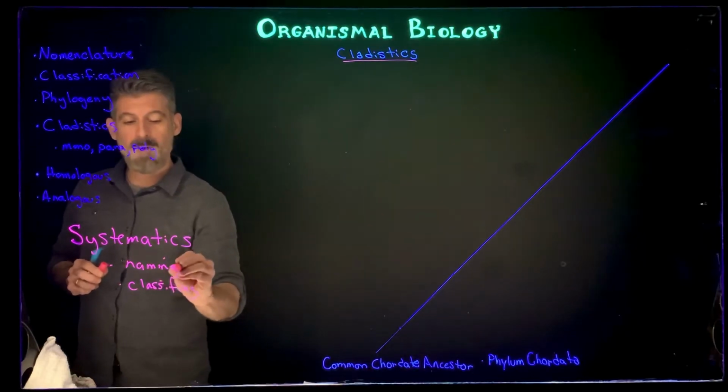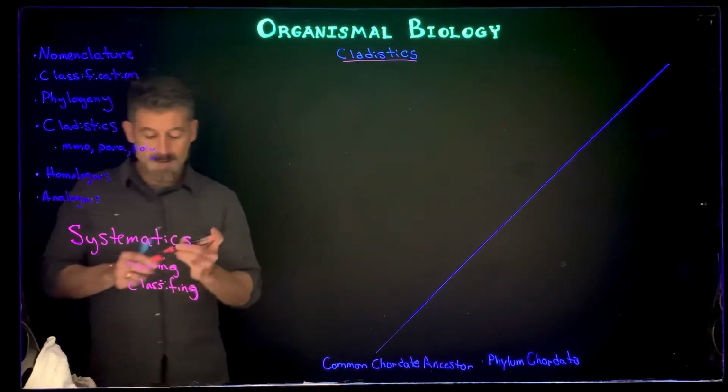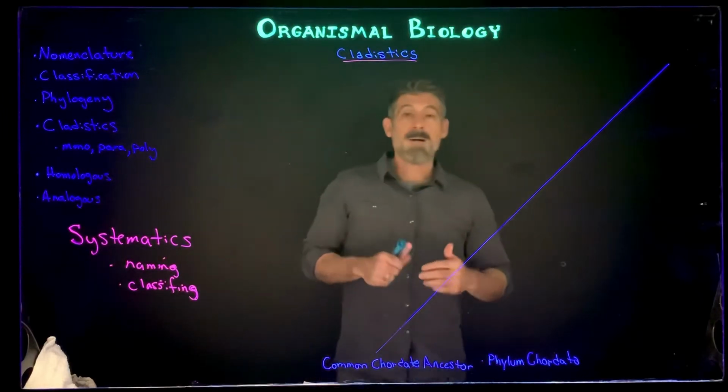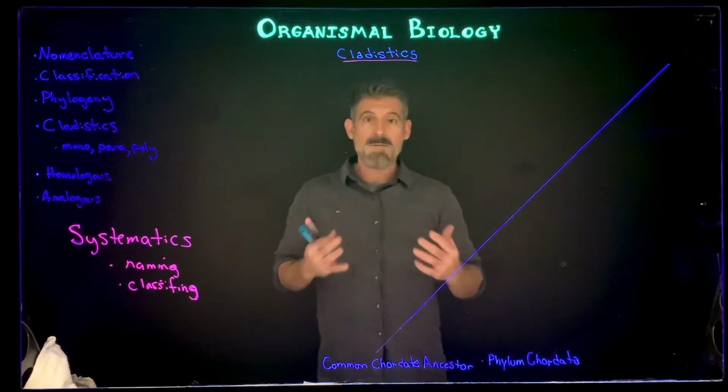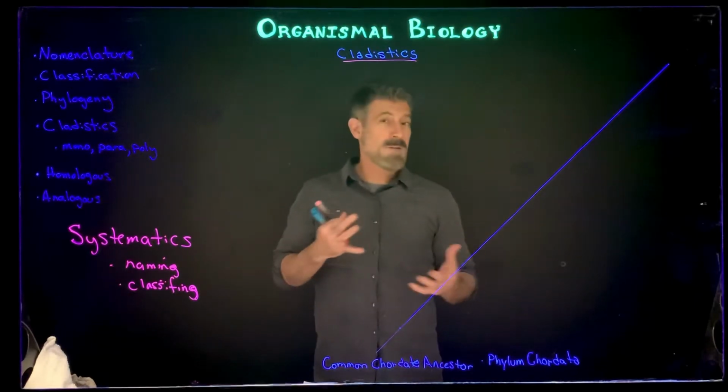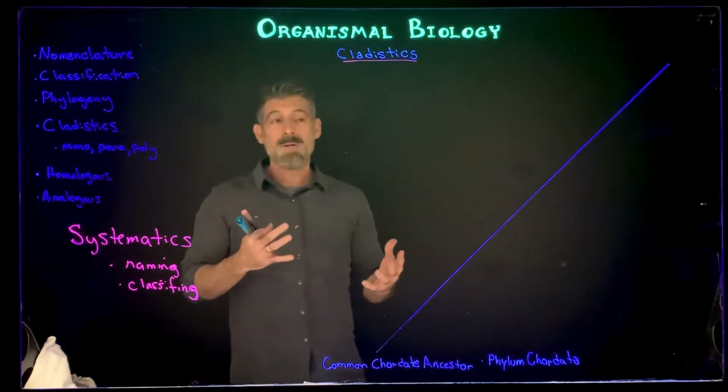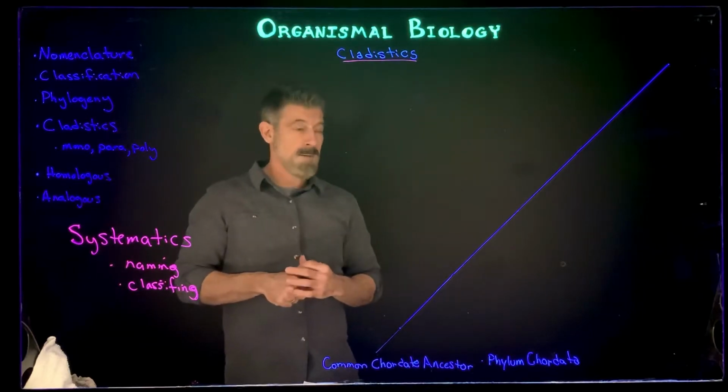And there have to be a variety of different tools used in doing this. Some of them are developmental, some of them are molecular, some of them are physiological, and for different organisms, some of these things might be used more than others as well.